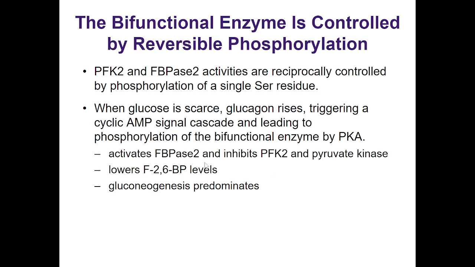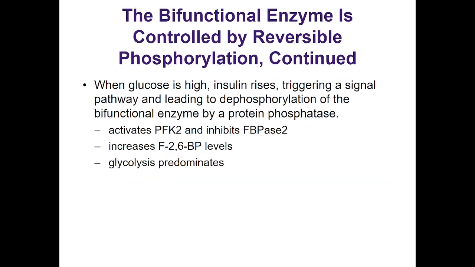This is going to activate your FBPase2, and it's going to inhibit your PFK2. This is going to lower your F26BP levels. Gluconeogenesis is going to predominate in lower F26BP levels.